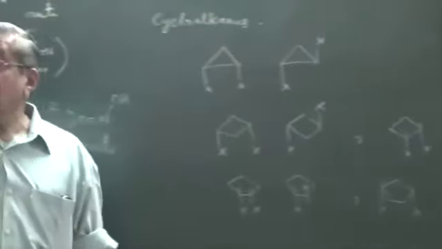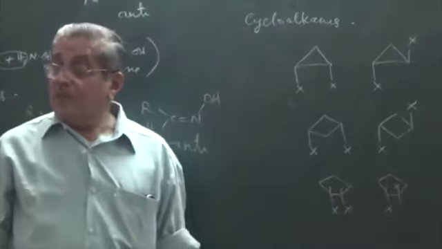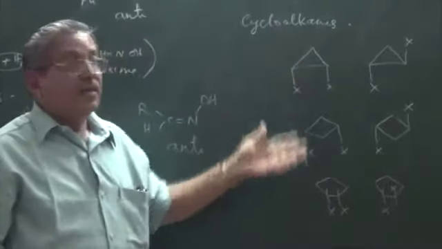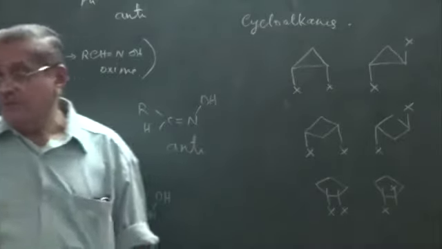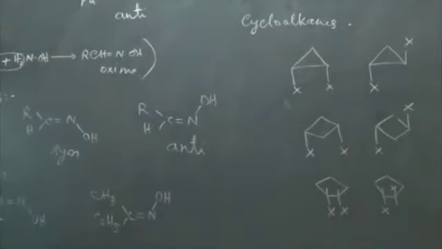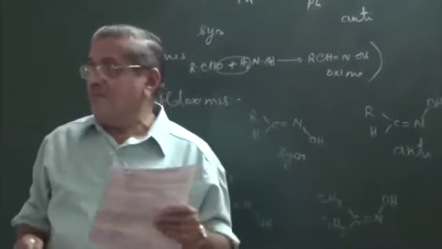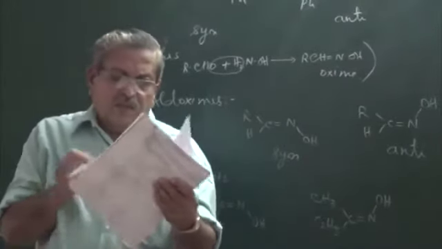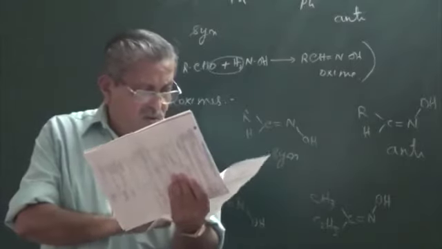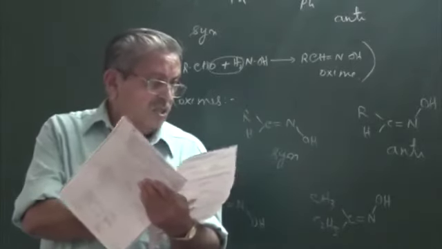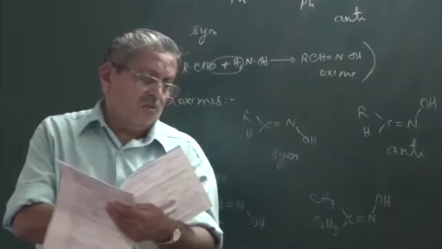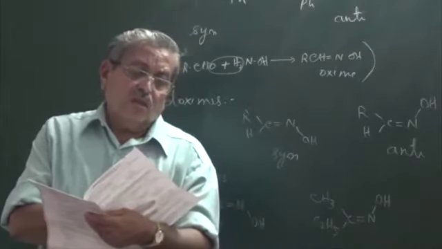So one is the cis form, another is the trans form. Now one is Z form, another is E form, similar to what we have seen earlier. Then I think that is what we have just discussed: aldoximes, ketoximes, alkenes, isocompounds, alkenes and cycloalkenes.